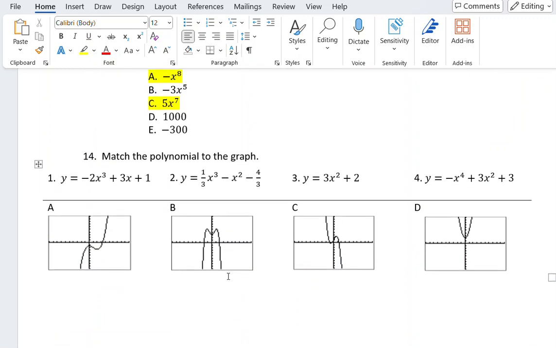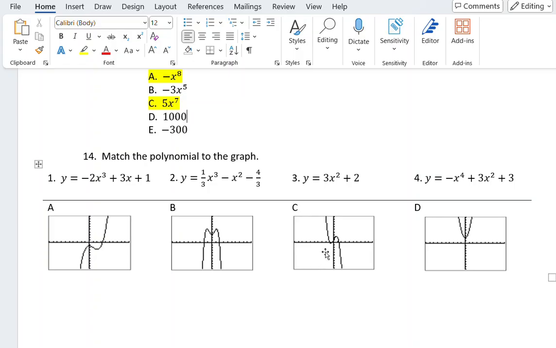Question 14 is a matching question. So I want to match the polynomial to the graph, and I do this based on the end behavior. So looking at number 1, I can see that I have an odd degree. The degree is 3, and my leading coefficient is negative. That means that the directions of the arms are going to be going in opposite directions, and the overall graph is going downward.